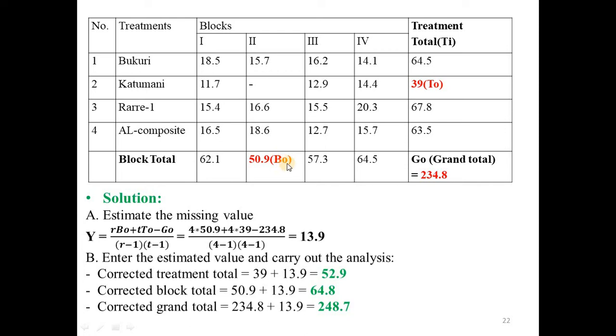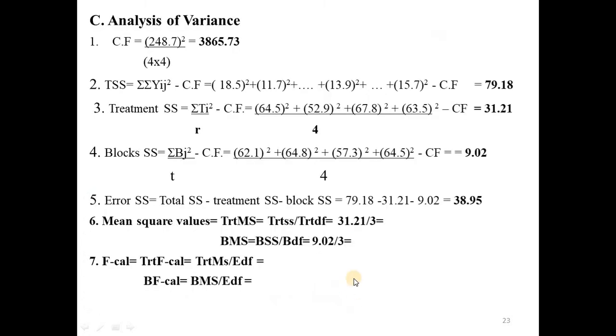So in order to correct this, we just add the estimated value, and it will give us this. The grand total will similarly give us this, and we have to substitute for the next steps.